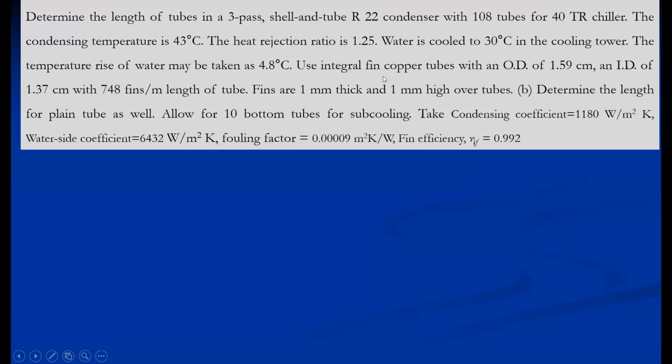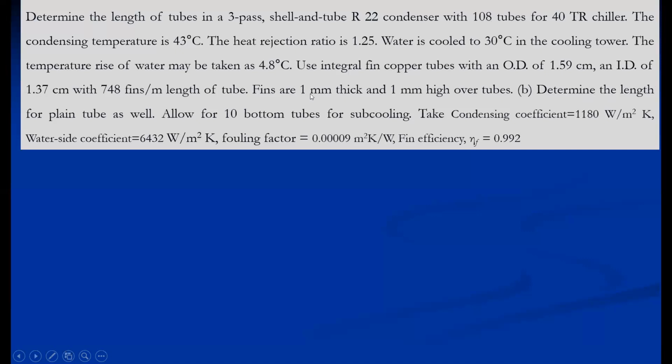Use integral fin copper tubes. Integral fin tubes are used with OD 1.59, ID 1.37, with 748 fins per meter length of the tube. So in 1 meter length, there are 748 fins.